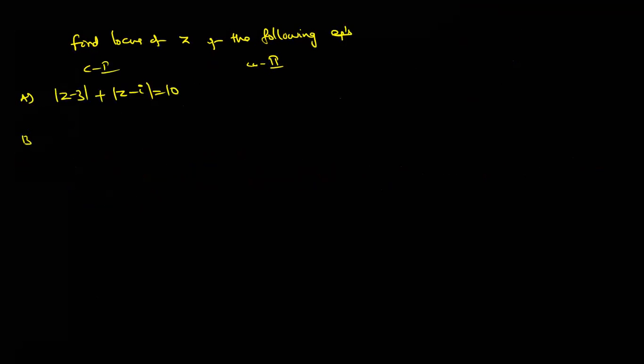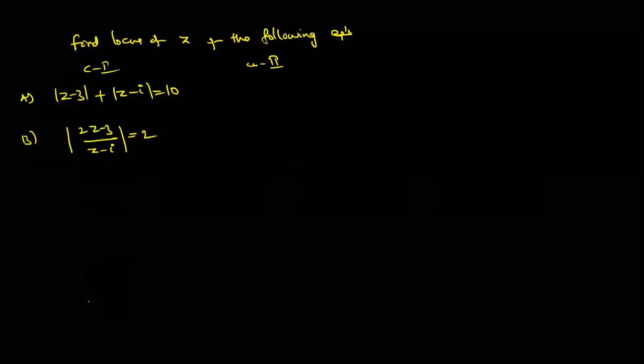Find the locus of z of the following equations. Column 1, column 2. Here A, B, C, D. A: modulus of z minus 3 ... 10. B: 2z minus 3 by z minus i is equal to ... C: z square plus mod z bar square is equal to 5.